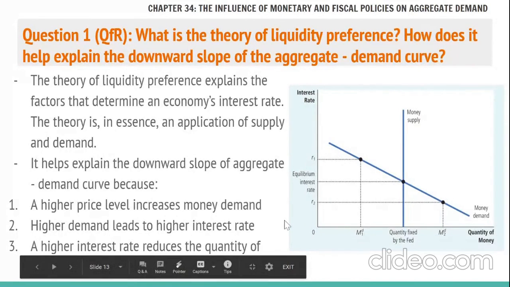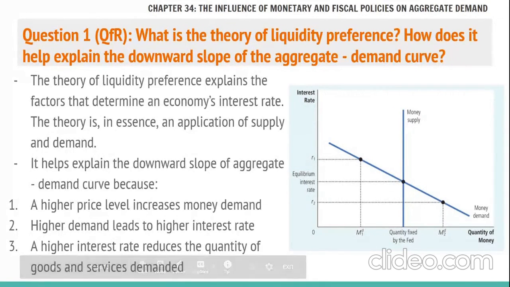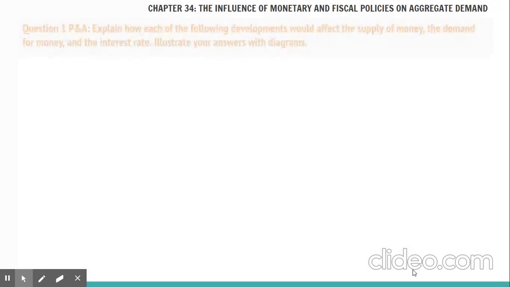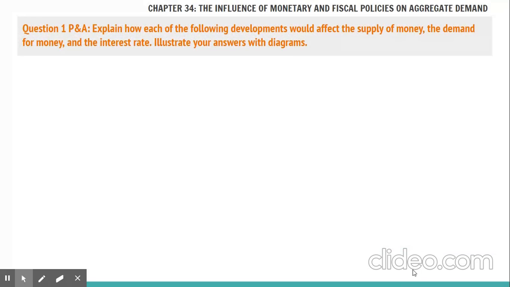And three, a higher interest rate reduces the quantity of goods and services demanded. So now we're coming to question 1, problems and applications. Explain how each of the following developments would affect the supply of money, the demand for money, and the interest rate, and illustrate your answers with diagrams.